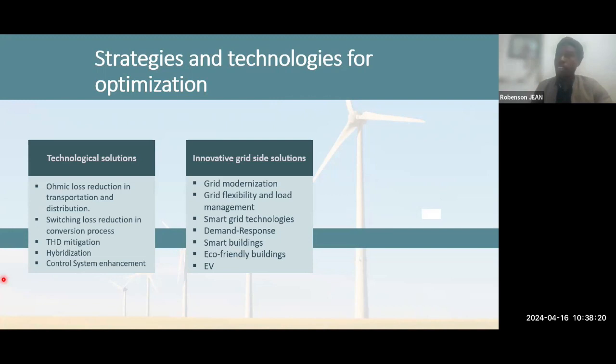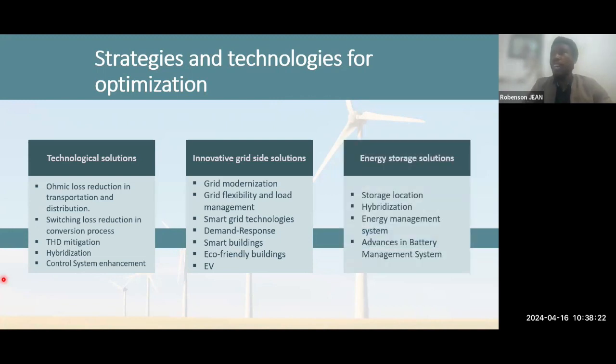So this can help to increase drastically the integration of renewable energy sources.